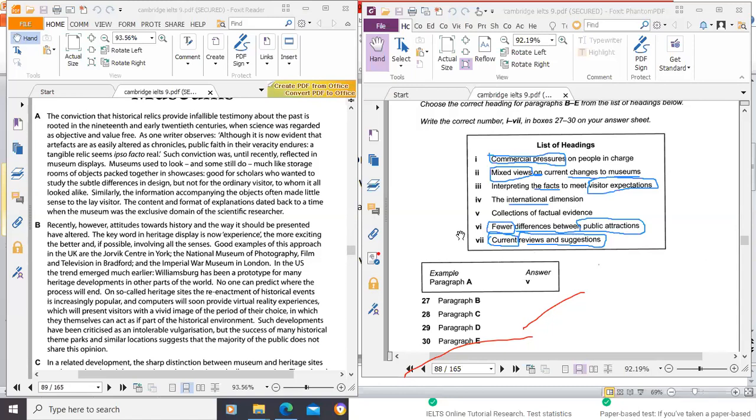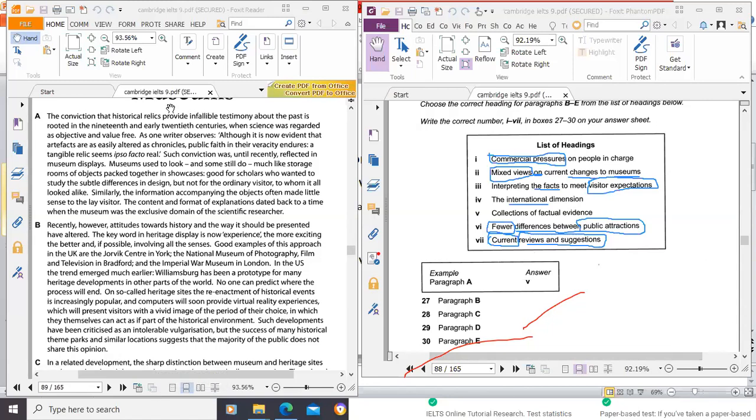Then if there are pointers like these, which means this refers to something else. They have talked about that thing. You might want to look back and see what that thing is, if that will improve your confidence in saying that I've chosen the right answer. So I'll move on to this question now. So paragraph B, it says recently.